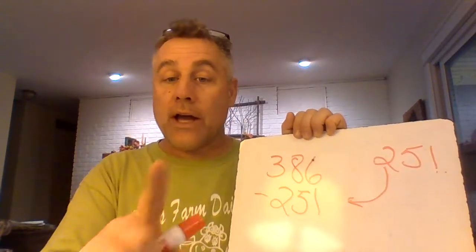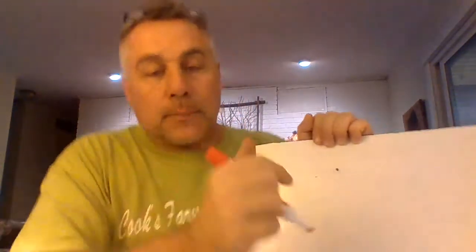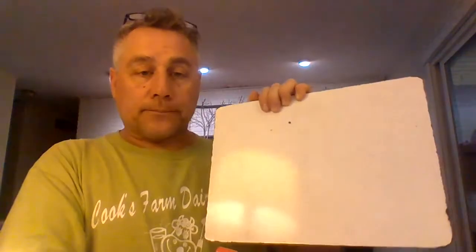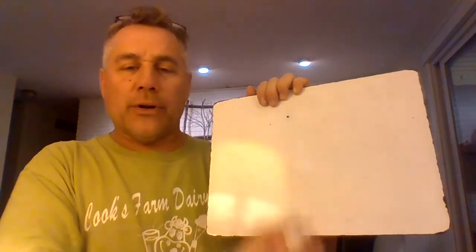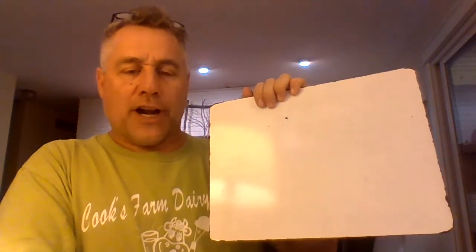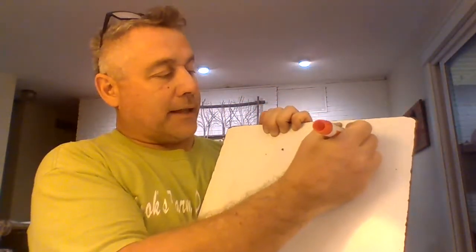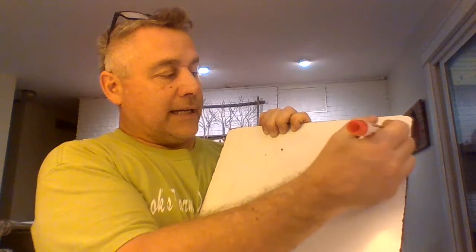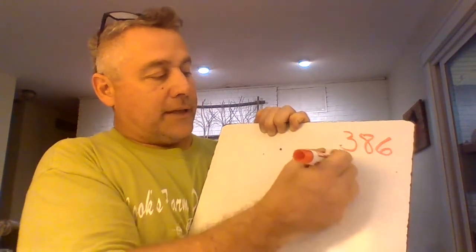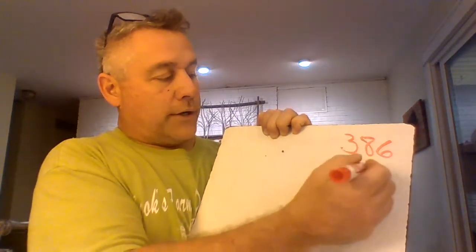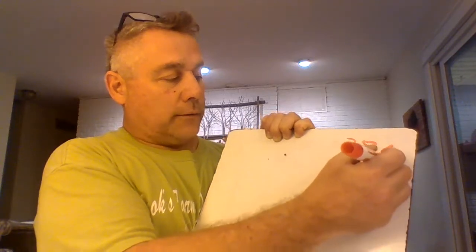Now, here's why this is important. Because in some problems, it's very simple. Well, you know what? Let's go back to what subtraction really is anyway, all right? So I'm going to take that problem, 386, and I'm going to take from it 174.